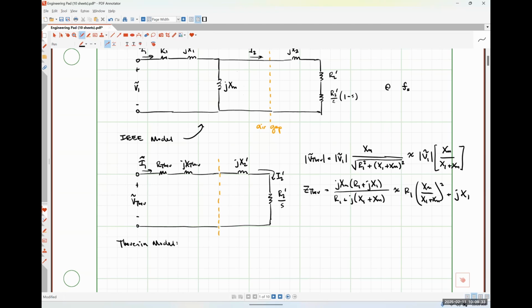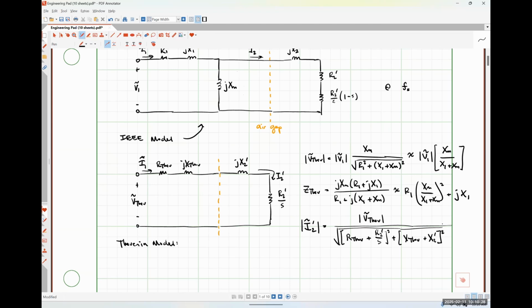And our current I2 prime's magnitude would be the magnitude of our Thevenin voltage divided by the square root of quantity R Thev plus R2 prime over S, squared, plus quantity X Thev plus X2 prime, squared. So these are a recap of the relationships that we got.